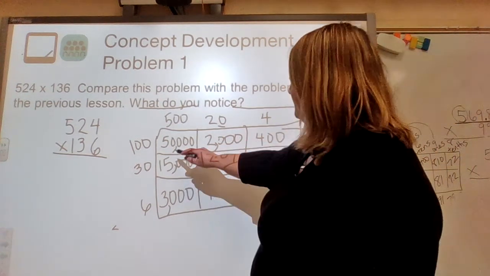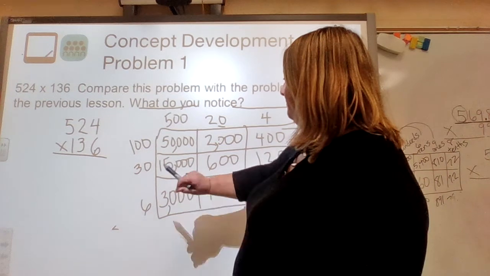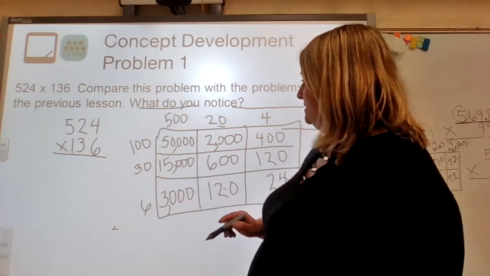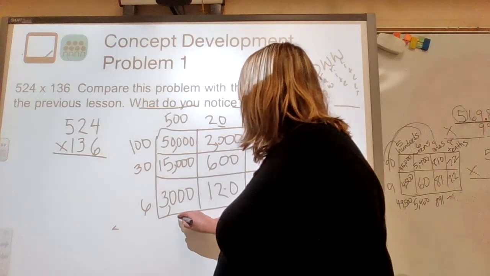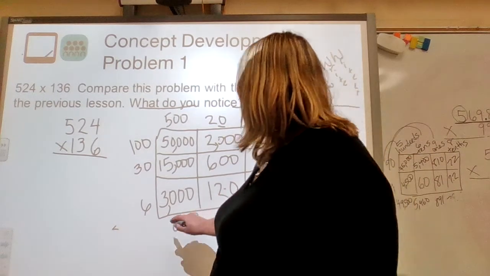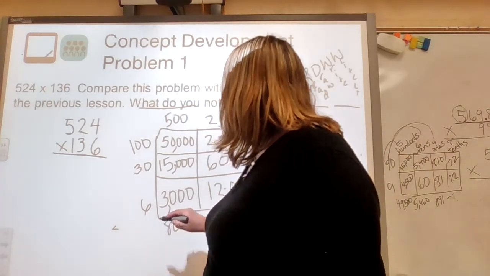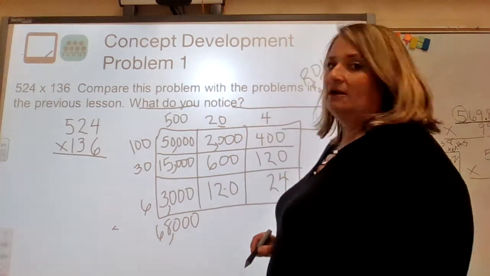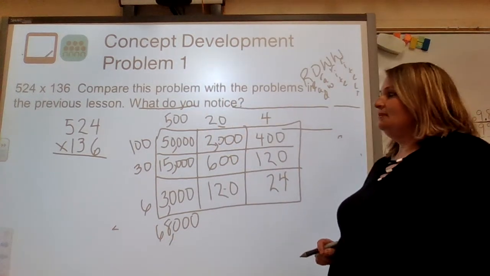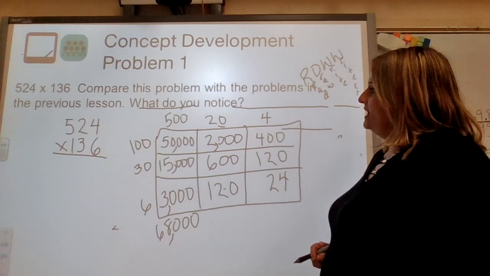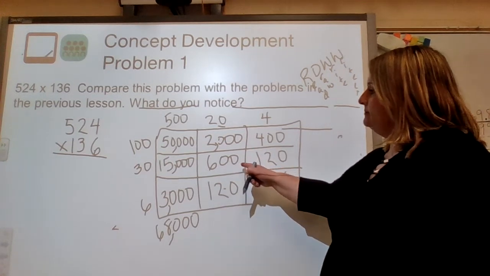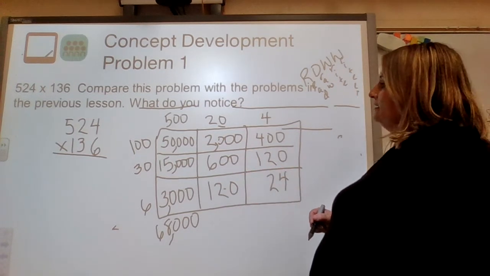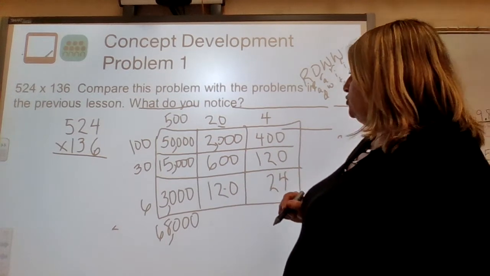I have 50,000, 15,000 and 3,000. So I have 7, 8, and 6. And you guys let me know if I'm doing something wrong. Now I'm going to add 2,000 plus 600 plus 120.